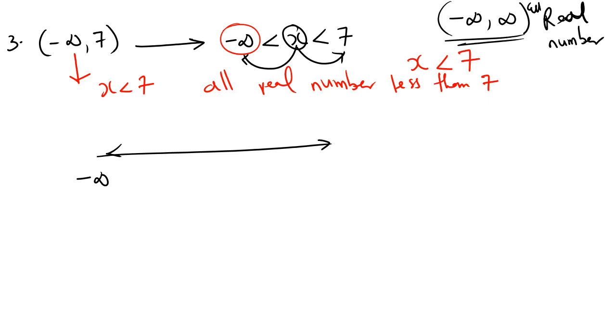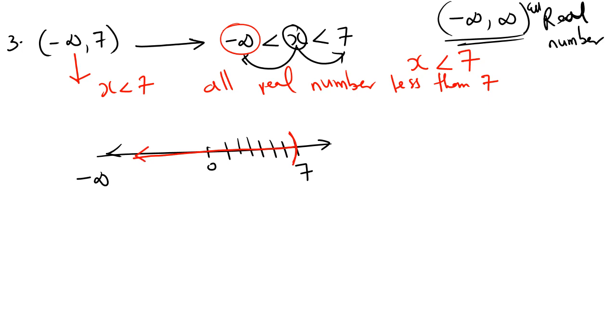Again, you have the center, which is the origin, 1, 2, 3, 4, 5, 6, 7. So that's a positive 7. So in order to draw the representation, you just have an open interval here, open brackets, and just draw your arrow all the way facing to the left, and that's it.